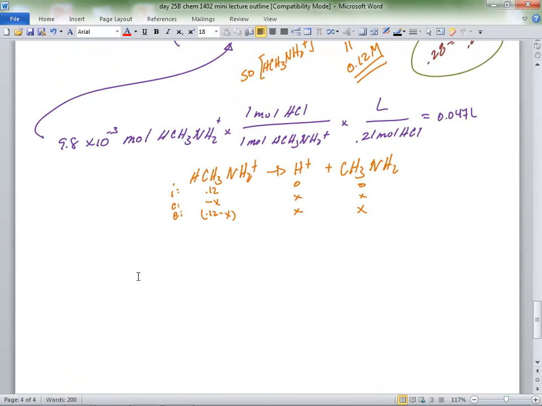Now we need a Ka. Can we look up Ka? No, can't look up Ka. Gotta calculate it.